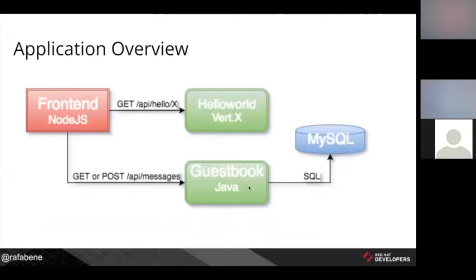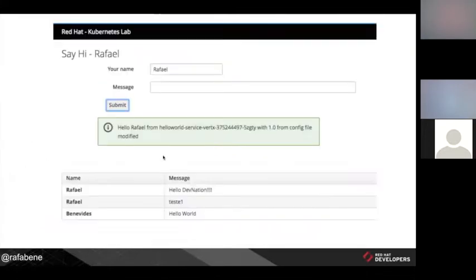And then we have the guest book that will post messages that will be stored on MySQL, and then get all the messages that have been posted and bring them to the front end. So what you see is something like that.